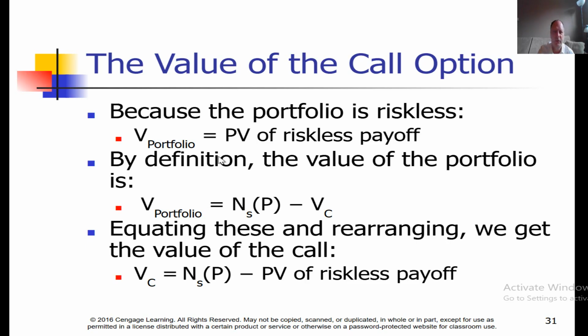By definition, the value of the portfolio was number of shares times the stock price going long minus the value of the call option going short. So we can rearrange this, solve for the value of the call option, and it then has to equal number of shares times stock price, minus present value of riskless payoff.